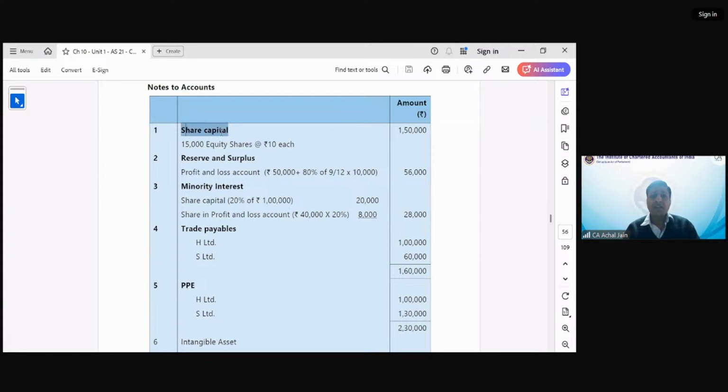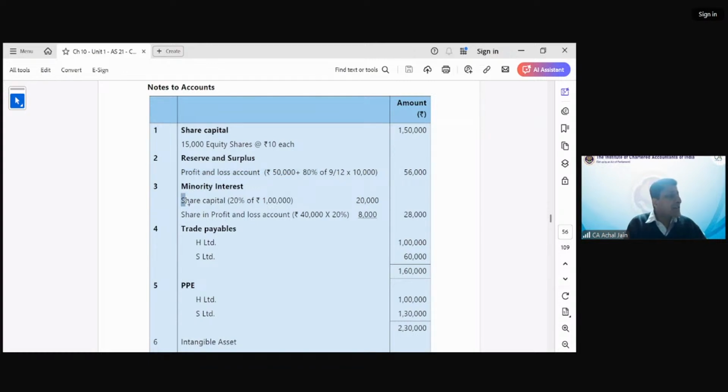So share capital comes from H Limited only. Reserves come from H Limited only. Now about the reserves, I'll talk about one point.